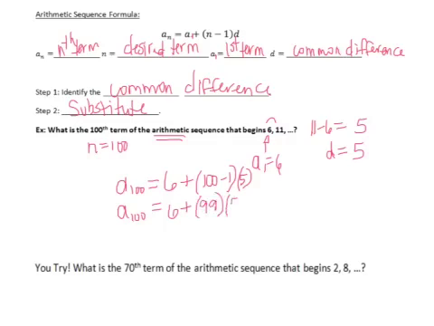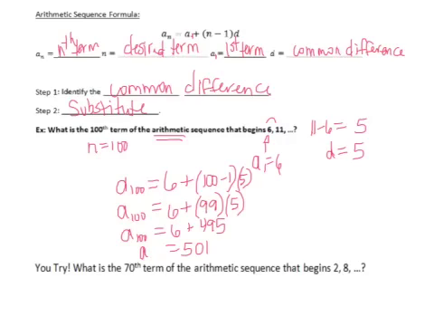Close parentheses, and it's multiplying by 5. Then I'm going to multiply 99 and 5 together first. So A sub 100 is equal to 6 plus 495. And then adding those together, A sub 100 is equal to 501. So we did it. We found the 100th term in our sequence. The 100th term in our sequence is 501.